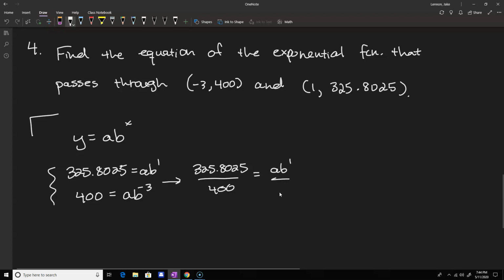That way the a over a is equal to 1, and the b's, you can subtract their exponents, so you'll get b to the first minus negative 3, which will just end up being b to the fourth.